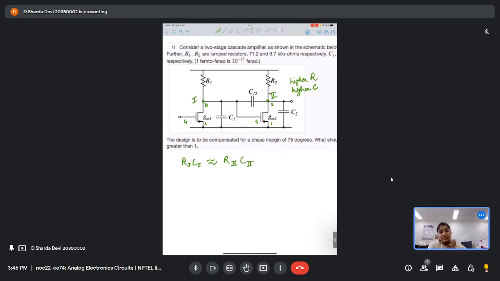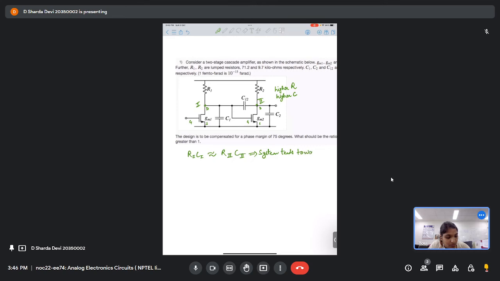This implies that there is a possibility that our system tends towards instability, or we can say marginal stability.